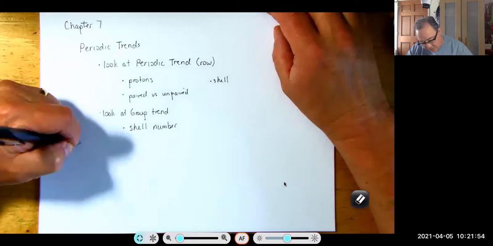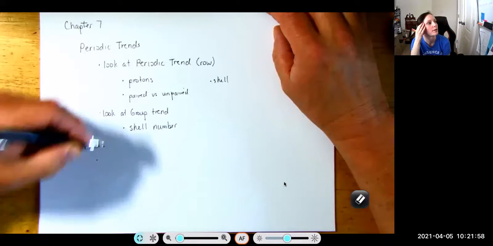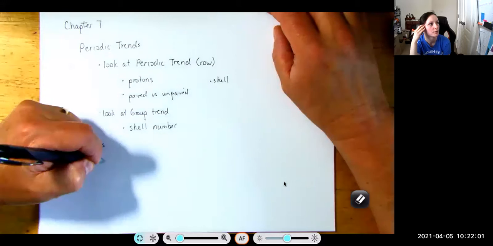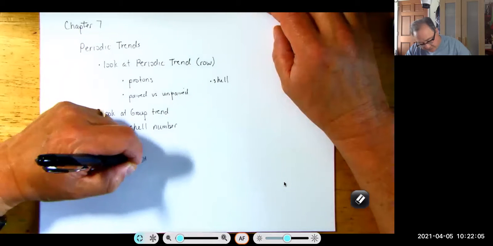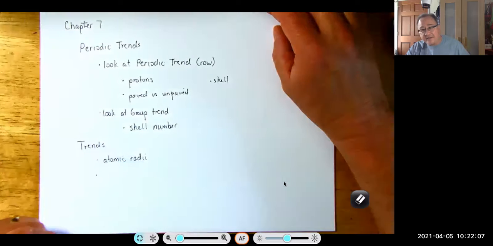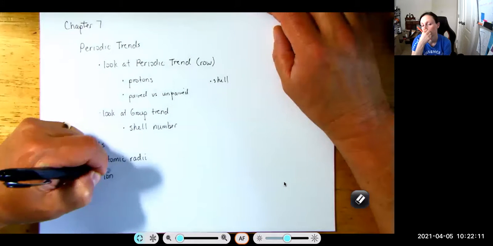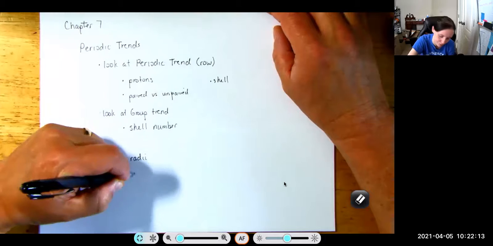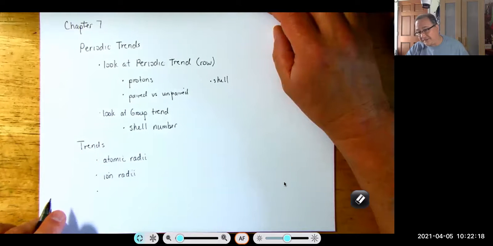Yeah. What are the four trends that we looked at? Atomic radii, ionization energy. Hold it. Let's stay with radii. Atomic radii, and ion radii. Unless you want to say radiuses.